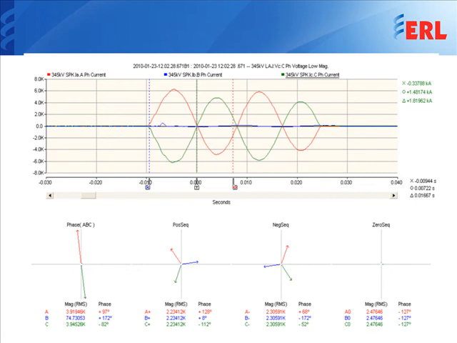So this is clearly a phase-to-phase fault. The two vectors on the left-hand side are 180 degrees apart, so again, this is clearly a phase-to-phase fault.